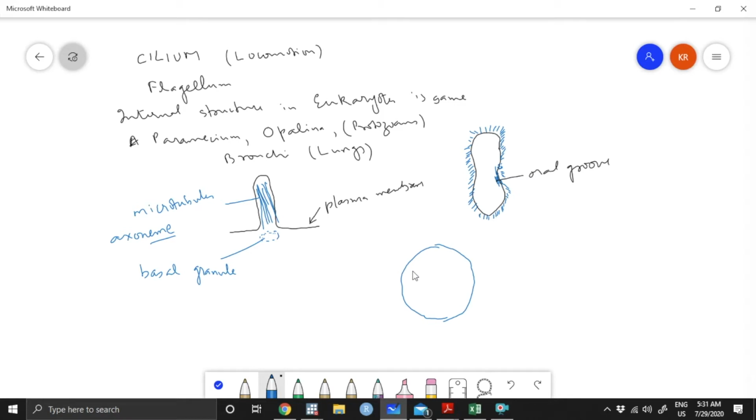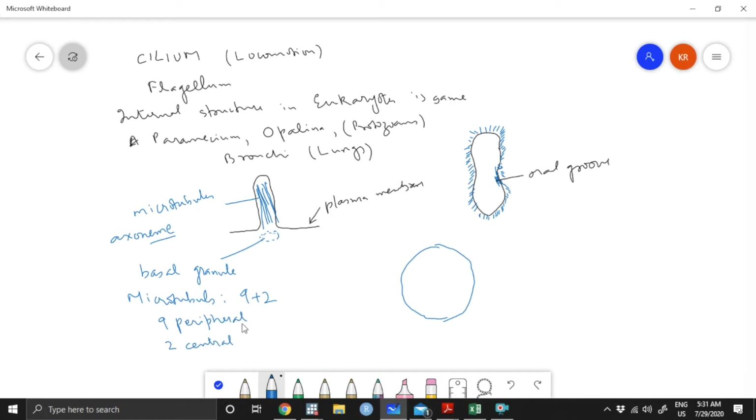Now the microtubules have an arrangement of nine plus two. So nine are peripheral and two are central.